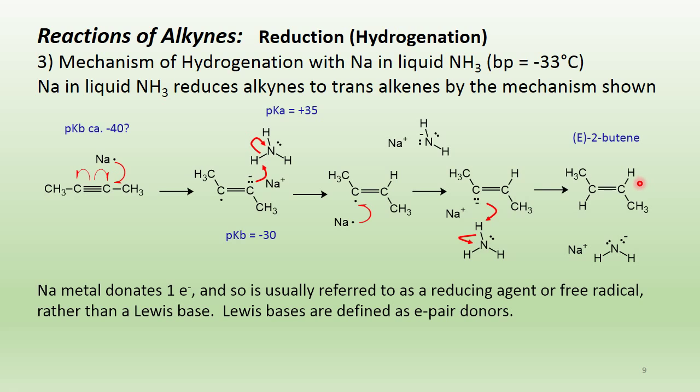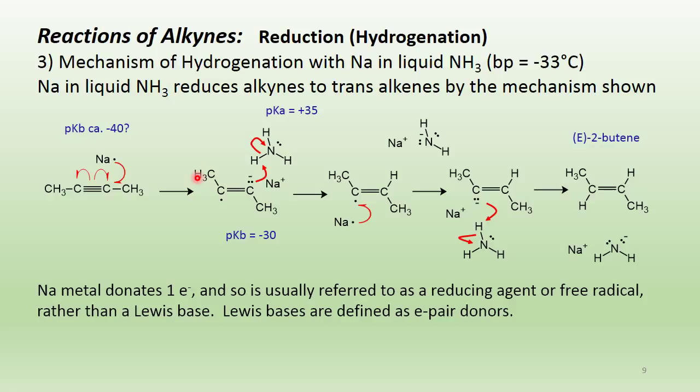Now, notice that in the very first step of the mechanism, the structure has already adopted a trans configuration. And you recall that for alkenes, a trans stereochemistry is more stable than a cis stereochemistry. And the reason for that is that these large alkyl groups are farther away from each other and less crowded.